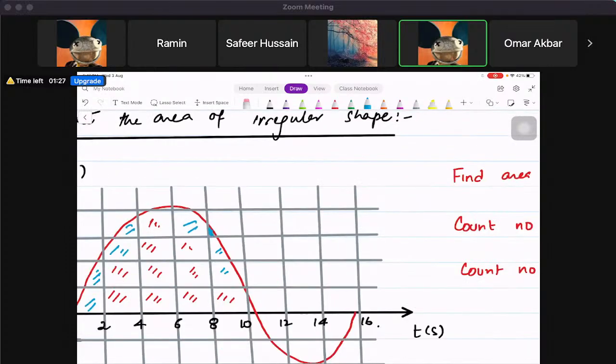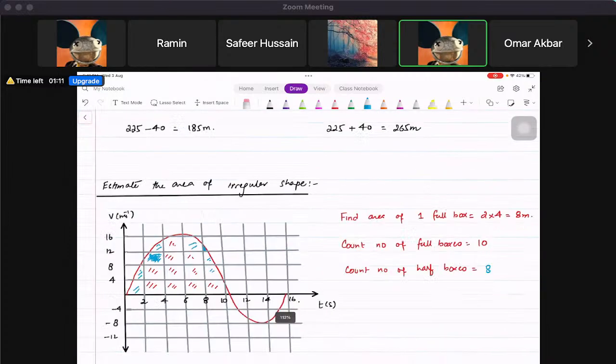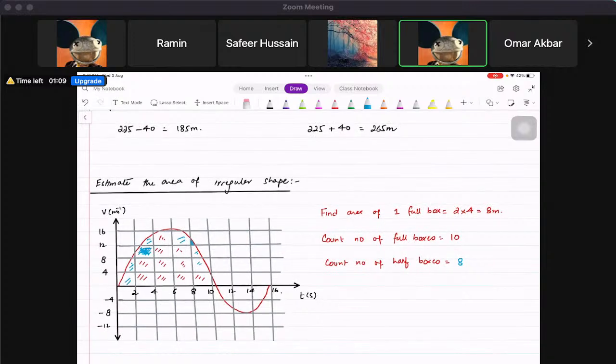The reason is, if I take this as half and this one as half, then these two will combine to be one full. Do you understand? This means that if I combine half boxes together, they are going to be approximately 4 full. Is it clear? Yes, sir. Combining 8 half boxes, they will turn out to be 4 full.